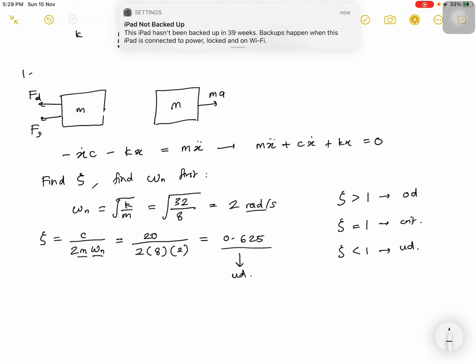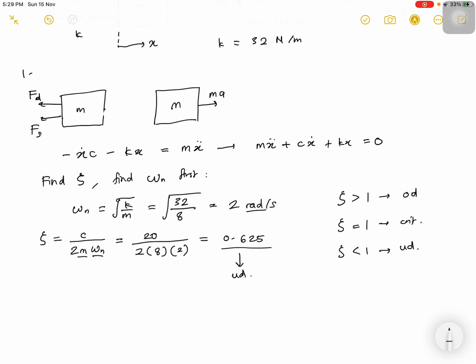You can go back to the slide. What is the under damped formula that we can use? We have the over damped formula, we have the critical damped formula, we have the under damped formula or solution.